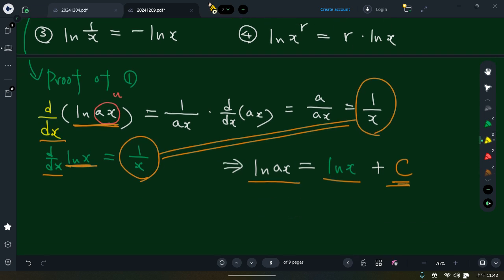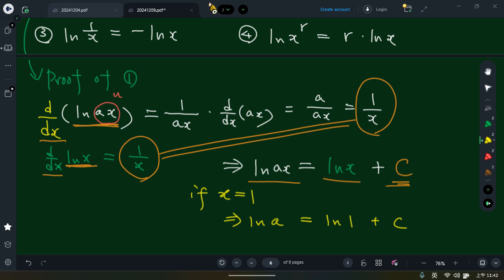Then if x is 1, so we can conclude that ln a is equal to ln1 plus c, right? Because for all x, this equation just holds.